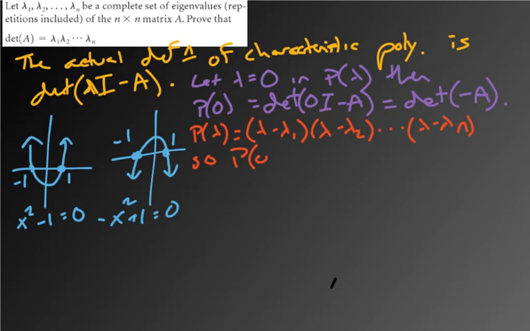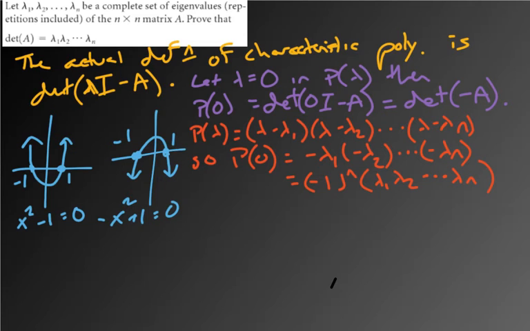Likewise, P of 0 equals negative lambda 1 times negative lambda 2, dot dot dot, times negative lambda n. You have n negative 1s, so I take that out: negative 1 to the n, times lambda 1, lambda 2, dot dot dot, lambda n. That's another fact about this characteristic polynomial.